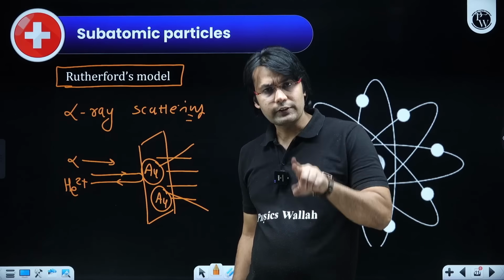In this question, error in position and momentum are equal, so I will substitute delta x with delta p. So it will become delta p whole square equals h by 4 pi, right? So from here, delta p will be the square root of h upon 4 pi.